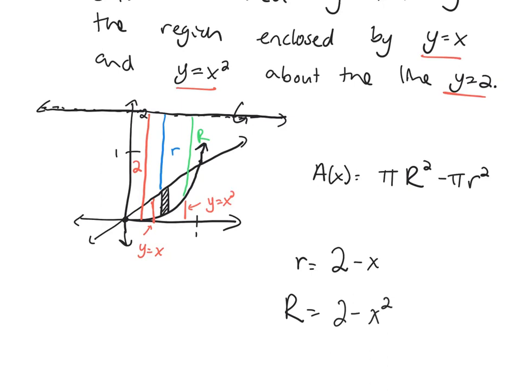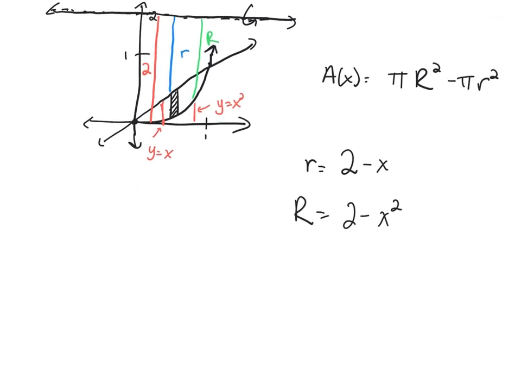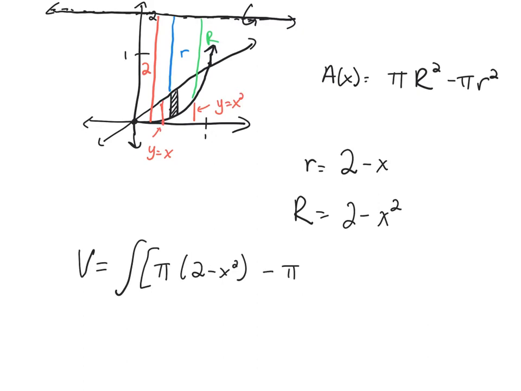So once we know little r and big R, we just plug them into our formula here. So the volume, I'm going to integrate in terms of x. The volume is the integral of pi big R squared, 2 minus x squared, minus pi little r squared.